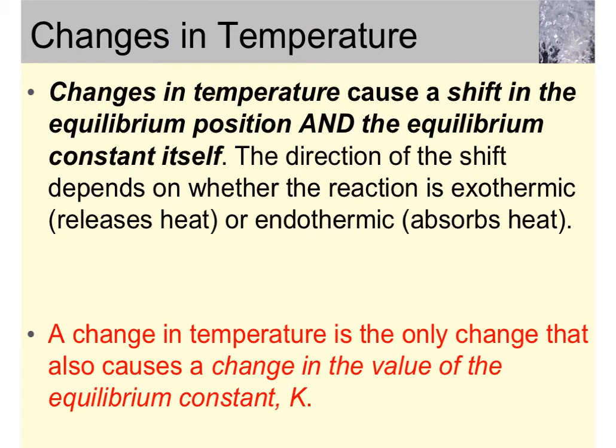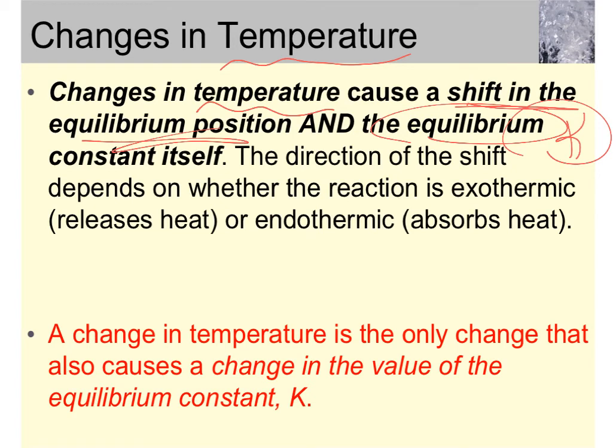The third variable that we're going to talk about that you can use to disrupt equilibrium is changes in temperature, and this one is the trickiest. It's a little bit more complex even than volume. First of all, a reminder that a change in temperature not only causes a shift in the equilibrium position, like left or right, it also changes the equilibrium constant K itself.